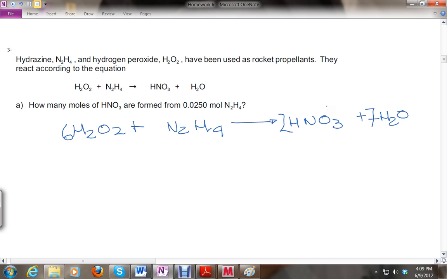I'm not going around changing everything because I already have balanced the nitrogen. So the only things that are equal to two of them are hydrogen and oxygen here. If you got 7 by 1, 7 plus 6, 13, it's not going to work out. 7 by 2, 14 plus 2, 16.